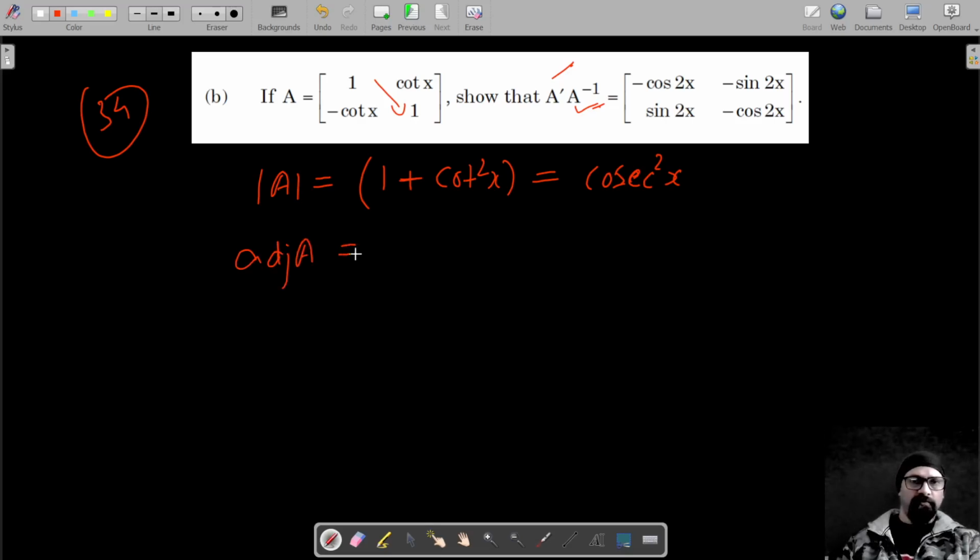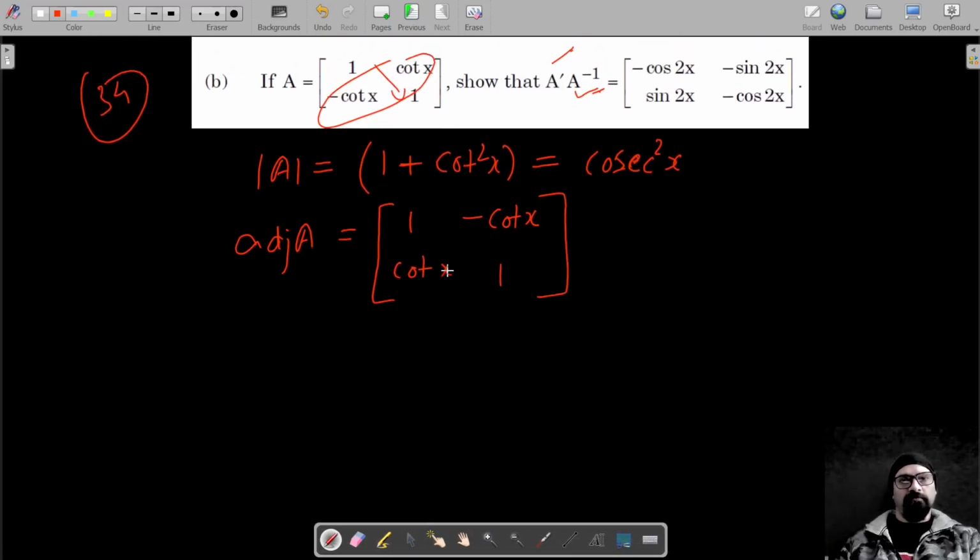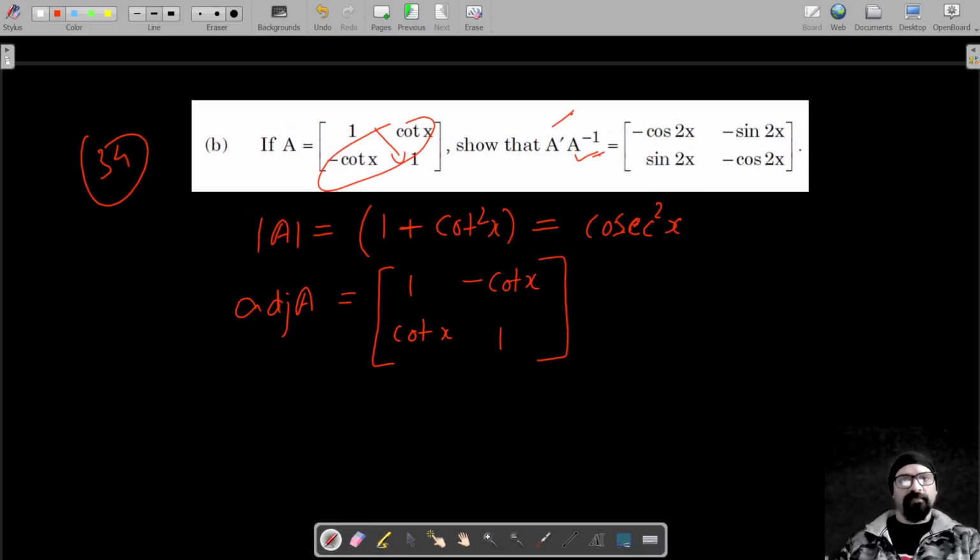All right, now let's find the adjoint of A. Because this is a square matrix of order 2, to find the adjoint of A, we will just keep these elements as they are and interchange the sign for these two. So this is minus cot x and this is cot x. So this is the adjoint of A for a square matrix of order 2. And now we have to find A inverse.